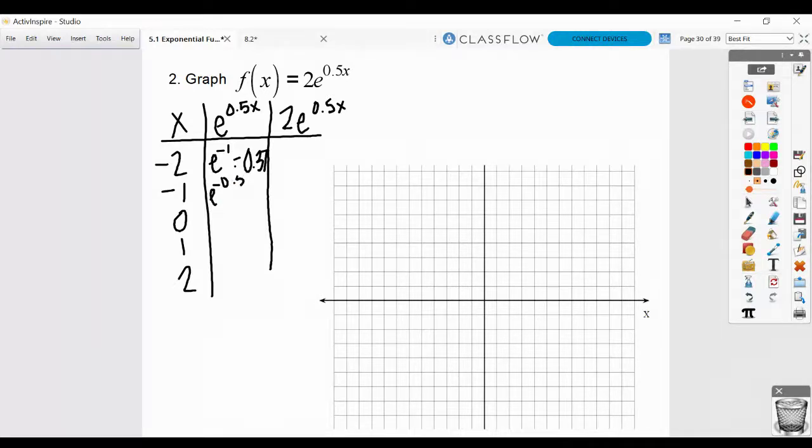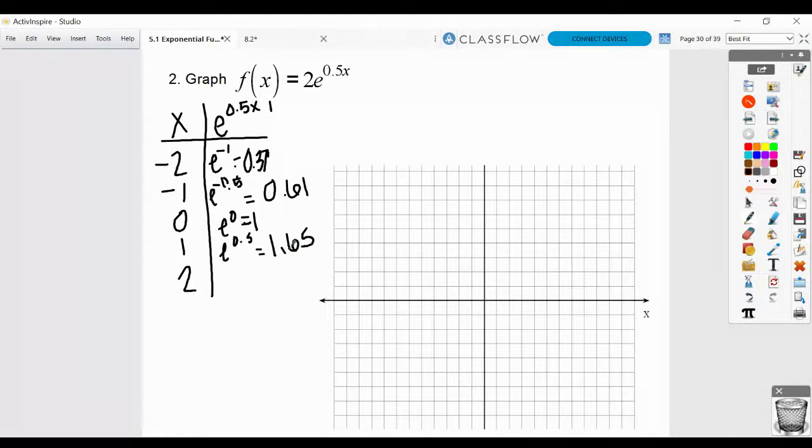You know what? Here, I'll get rid of this. And that equals 0.61. 0.5 times 0 is 0, so anything to the 0 power is 1. 0.5 times 1 would be 0.5. So that is 1.65, and then 0.5 times 2 would be 1, so you get 2.72.